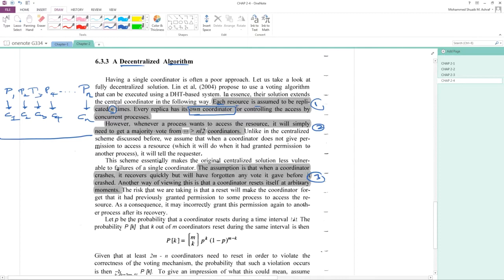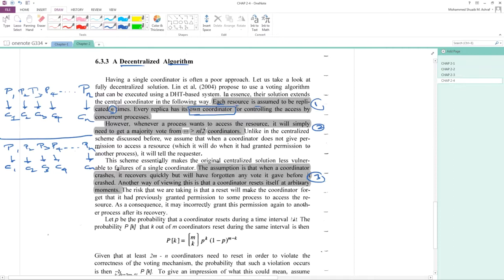Now number two. However, when any process wants to access the resource, it will simply need a majority of votes from all coordinators. So here process 1, process 2, process 3, process 4 up to process n. Here C1, here C2, here C3, here C4, here Cn.